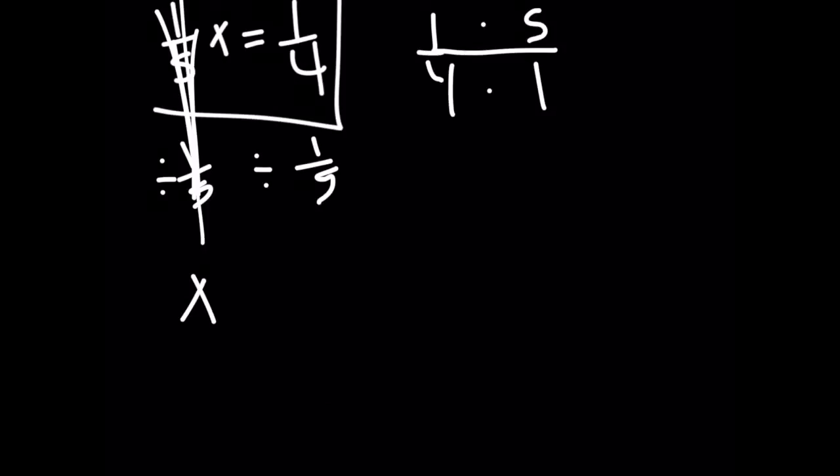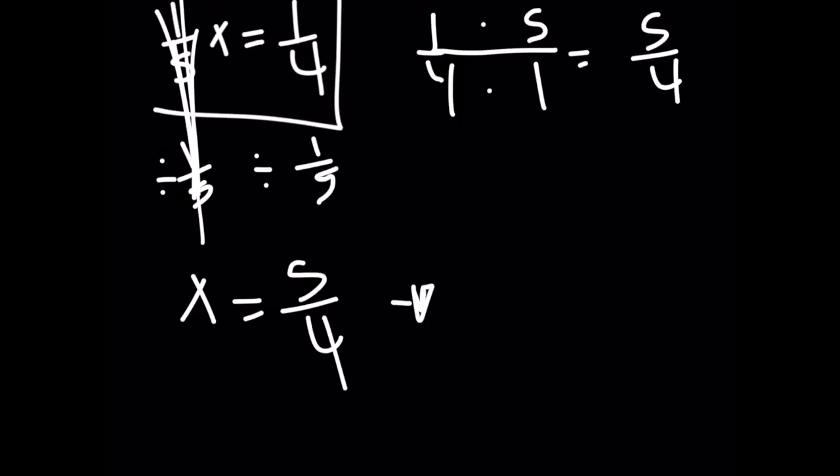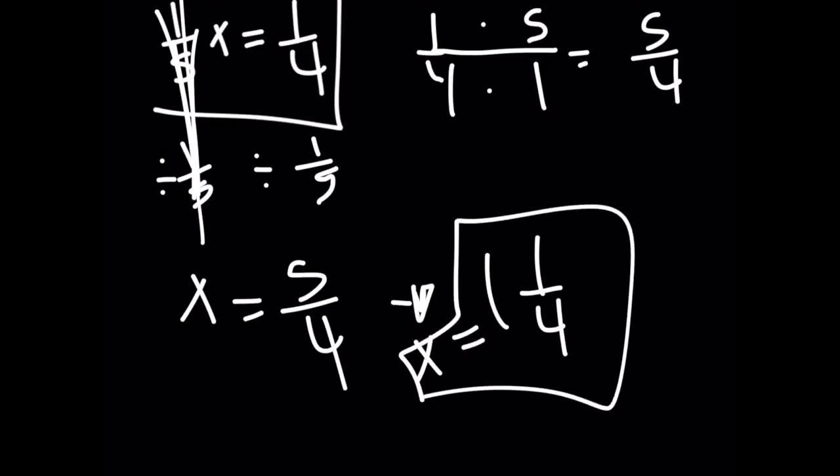It's KCF, and so that's 5, and this is 4. So your answer is 5/4. But you have to make it a mixed number. So your answer is 1 1/4. X equals 1 1/4. I mean, that's your answer.